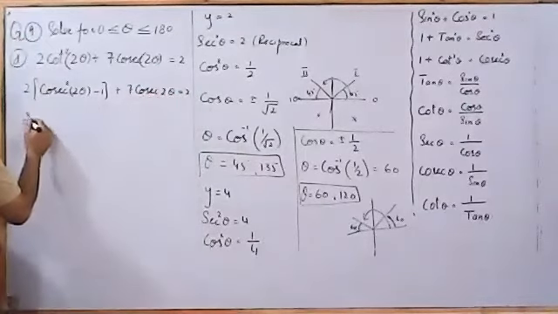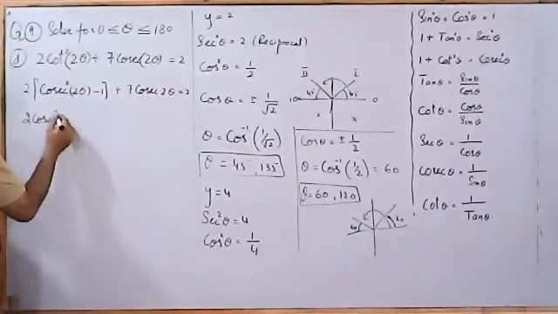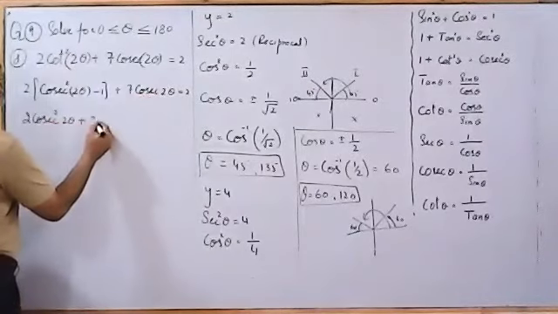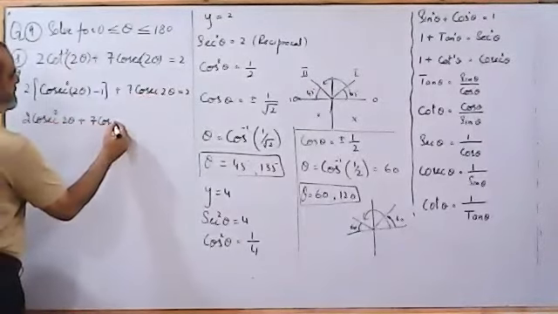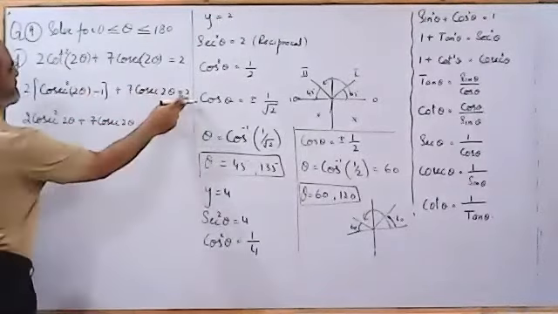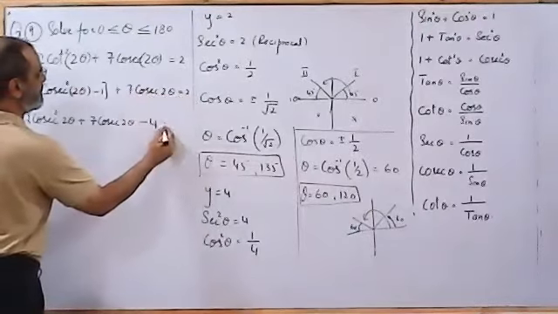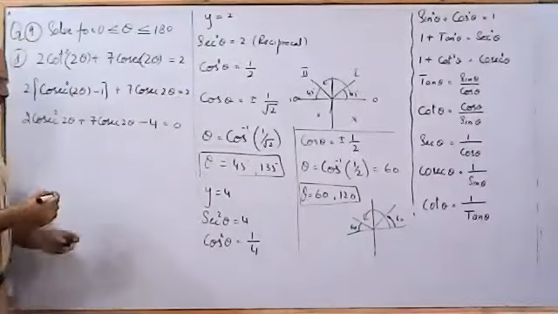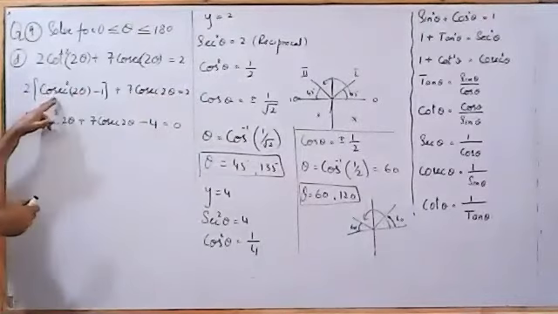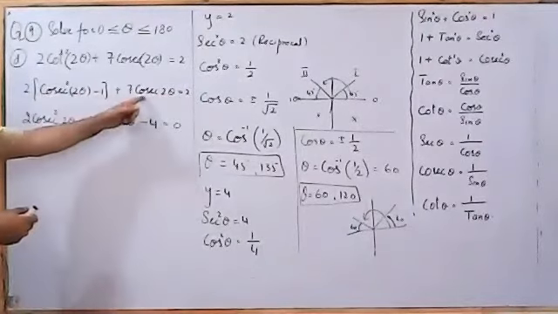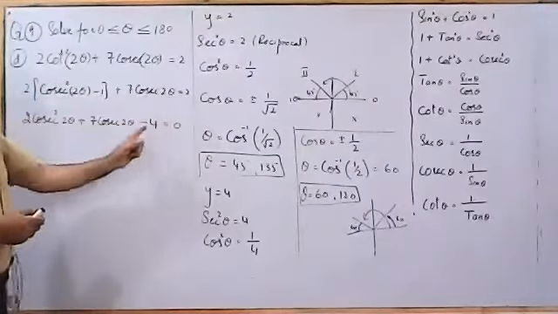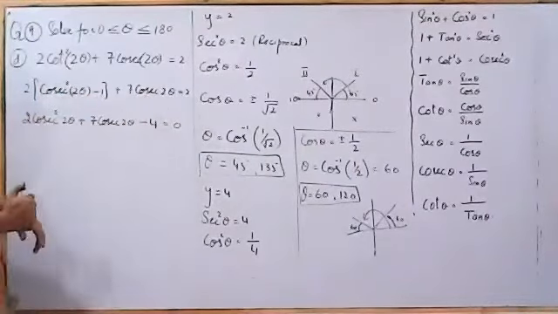So I got 2 cosecant square 2 theta plus 7 cosecant 2 theta minus 2, and this minus 2 gives me minus 4 is equal to 0. So I have arranged the equation: 2 cosecant square 2 theta plus 7 cosecant 2 theta, and 2 minus 2. So I got the equation.